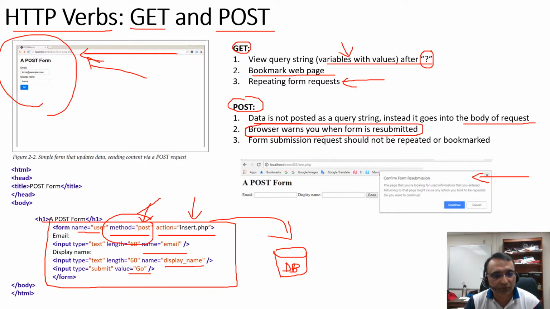And it happens only when you have method post. Form submission request should not be repeated. So because it's resending this thing again and again, you better don't refresh the page and don't bookmark it because it will give you wrong data if values or variables are being posted.